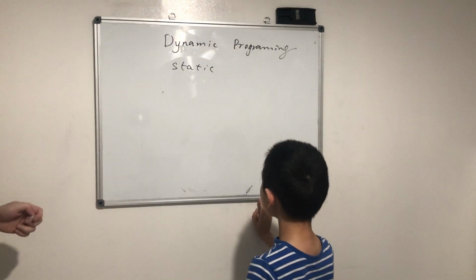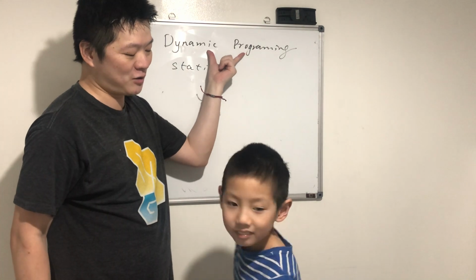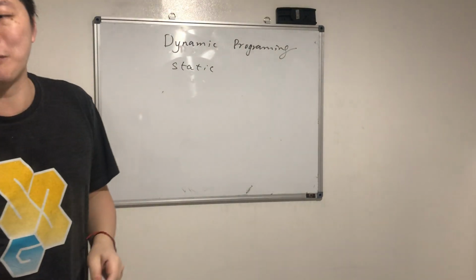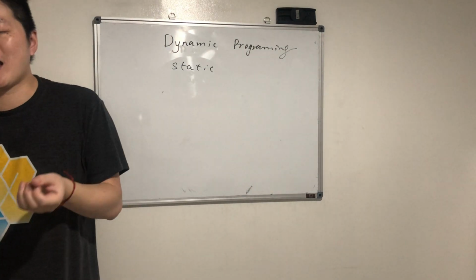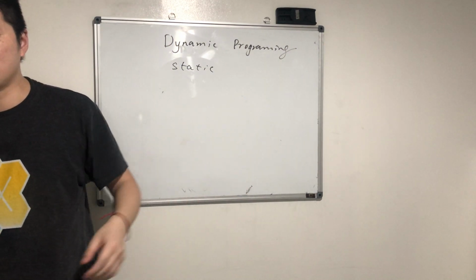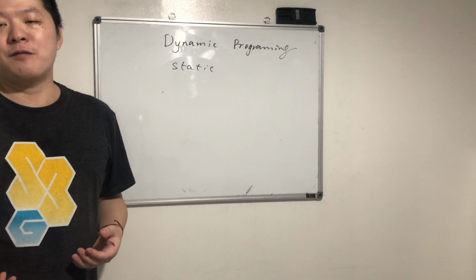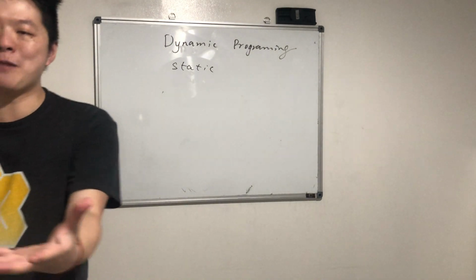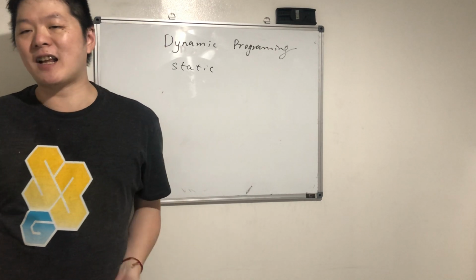So it's not easy to understand what it means from just reading these two words. But I'll give you one example. It's like a way we store the intermediate result. For example, if I give you 5 apples, you have 5 apples. And then 5 seconds later, I give you one more.